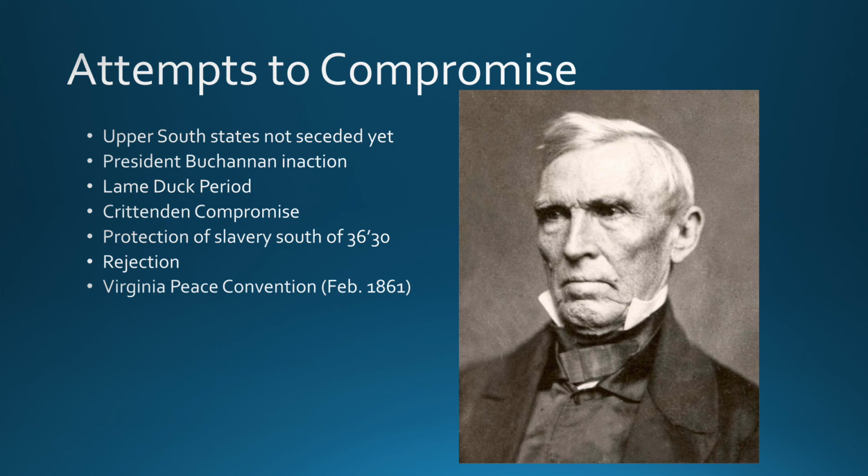So obviously that is not going to work itself out. There's also something else thrown out there, which is, hey, look, what if we get an amendment in the Constitution that guarantees the right of slavery where it already exists? Rejected by the South, who just didn't think that was enough.